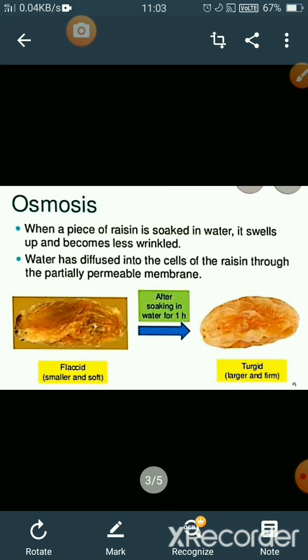The water molecules move from an area of low solute concentration to an area of high solute concentration across a semi-permeable membrane, which here is the outer covering of the raisin. So the water from outside moves towards the higher concentration area inside, due to which the raisin will swell up and form.